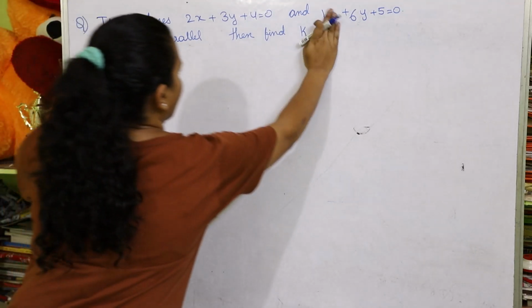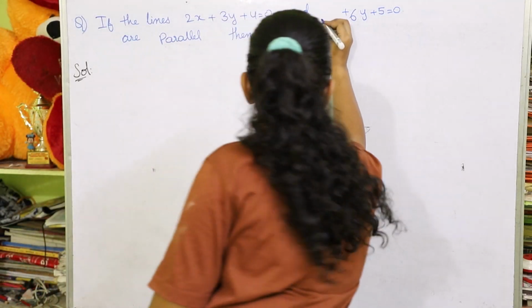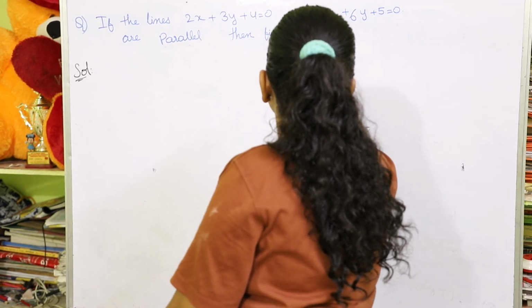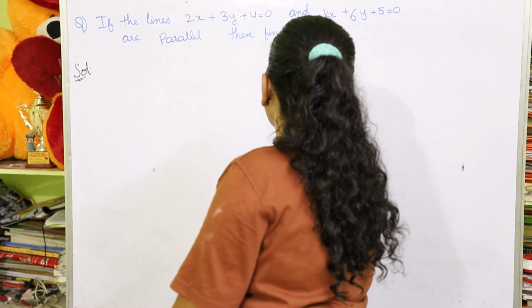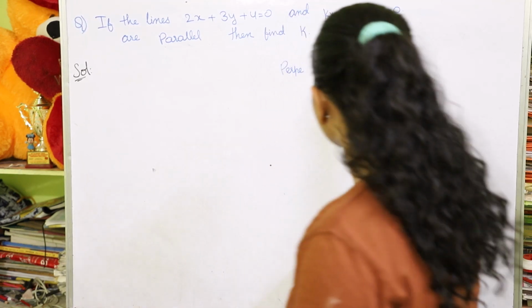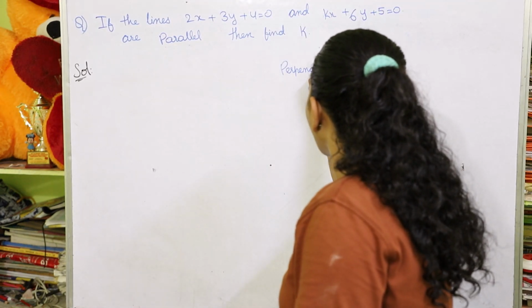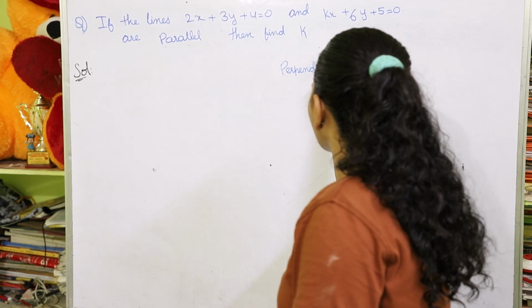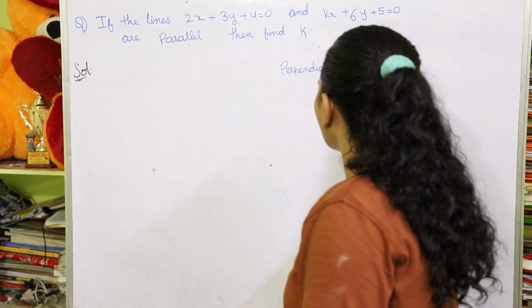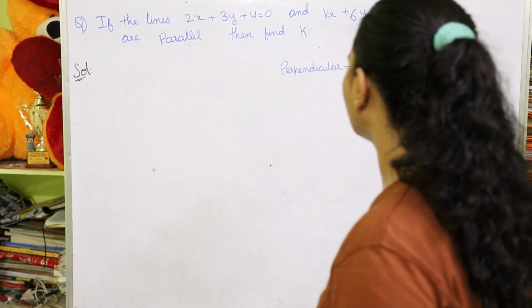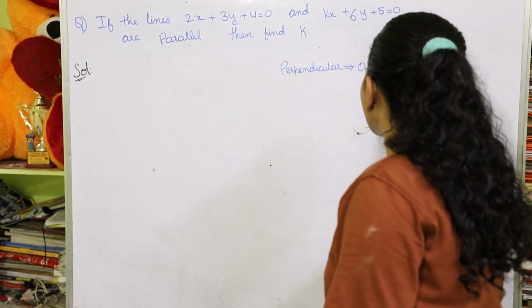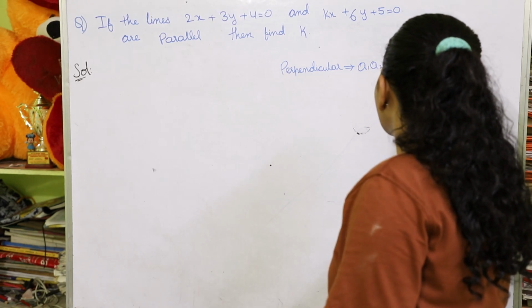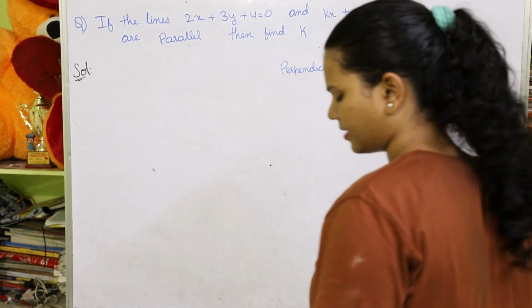So in this one, I will write this very clearly. So here guys, we know perpendicular. To find out the perpendicular, we know the formula: a1 into a2 plus b1 into b2 is equal to 0. We know this formula, right?